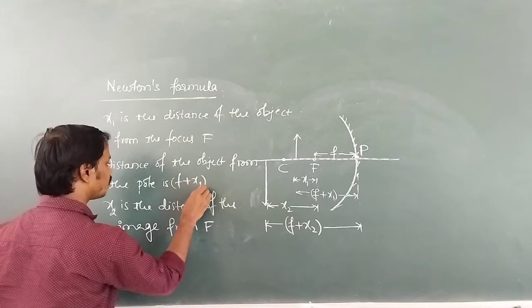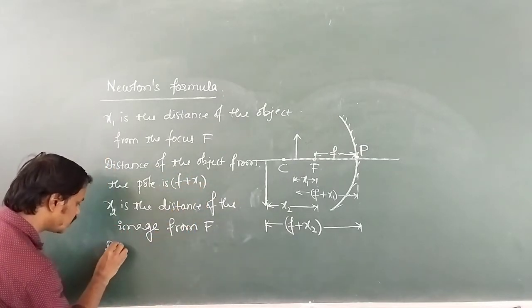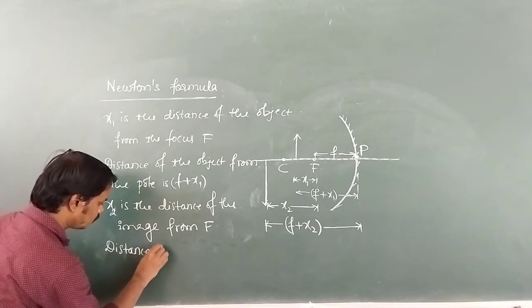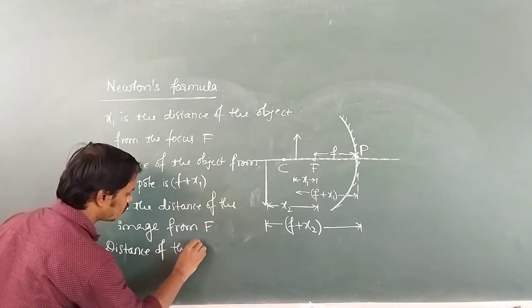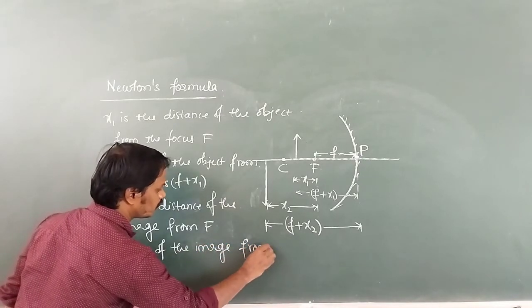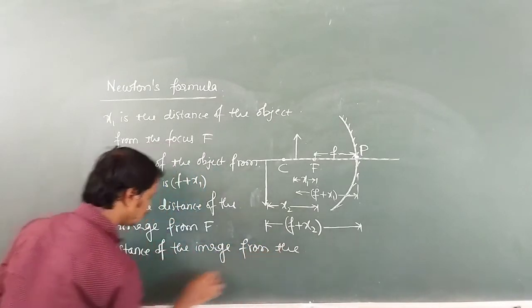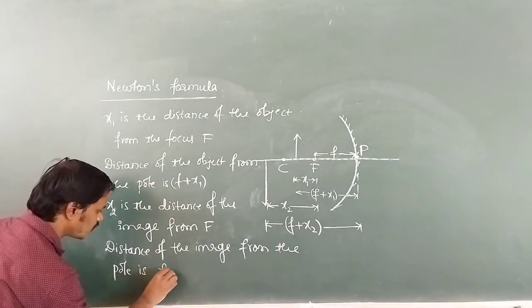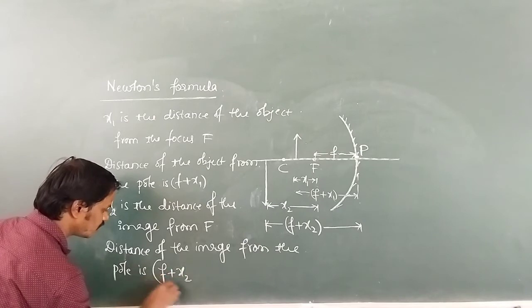The distance of the image from the pole is f plus x2.